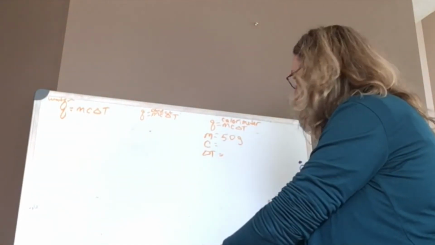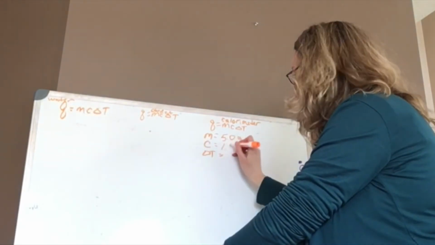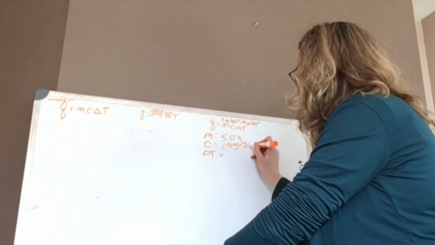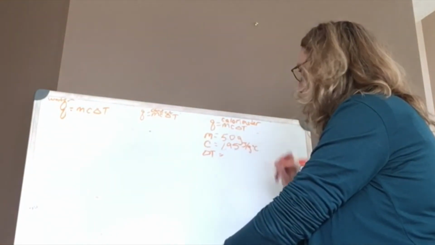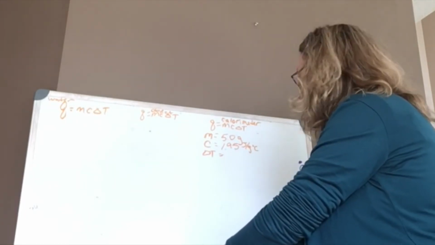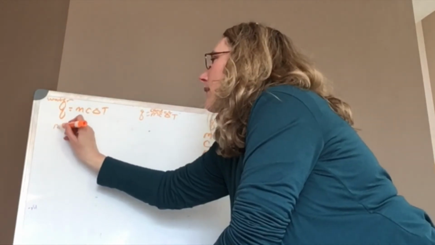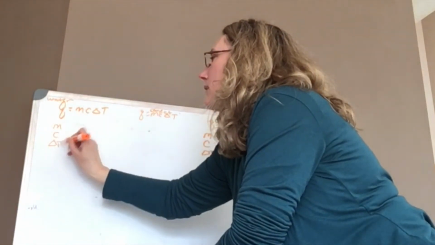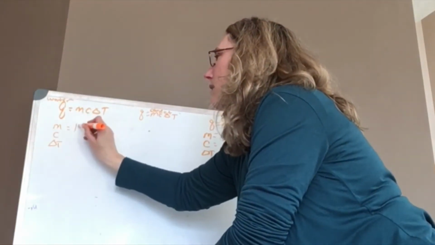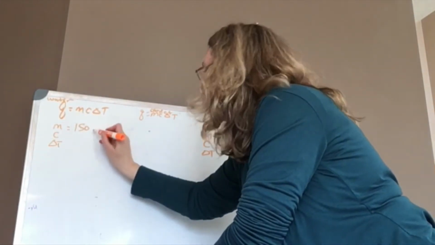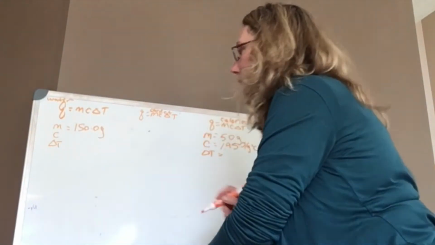Calorimeter has a specific heat of 1.95 joules per gram degrees C, and it's filled with 150 grams of water, MC delta T. So my mass of water is 150.0 grams.